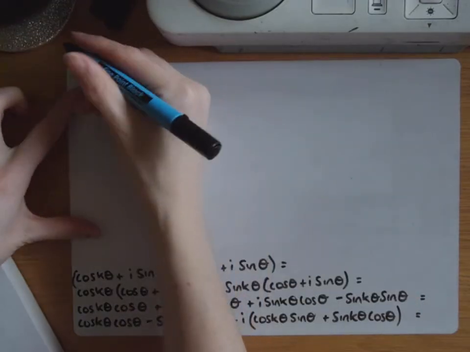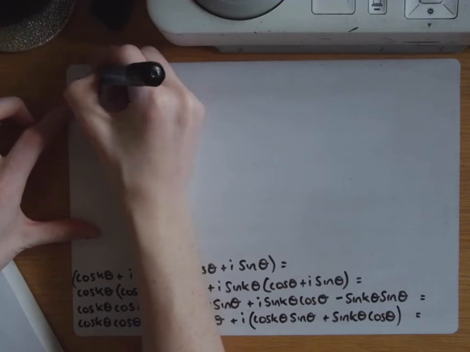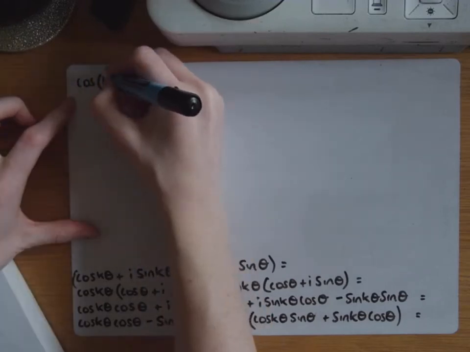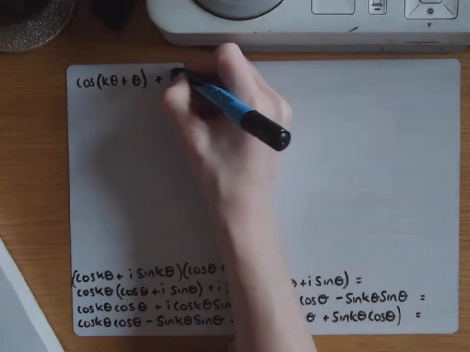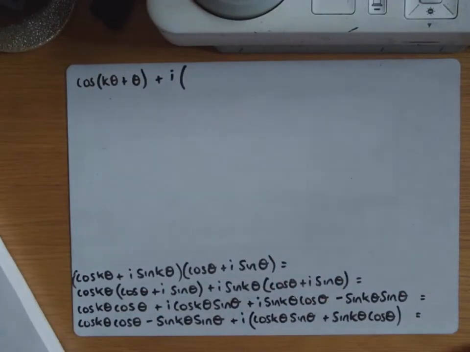Okay, so you're just going to replace that there with cos of k theta plus theta plus I times, and down here, if you want in this step, you can rearrange it to be sine theta cos k theta plus cos theta sine k theta.